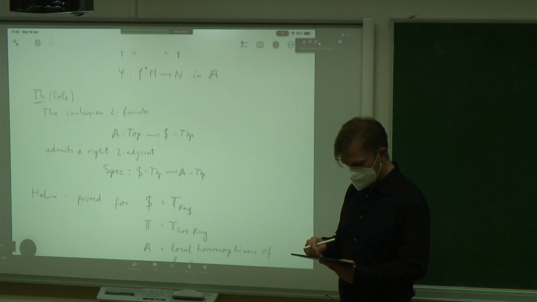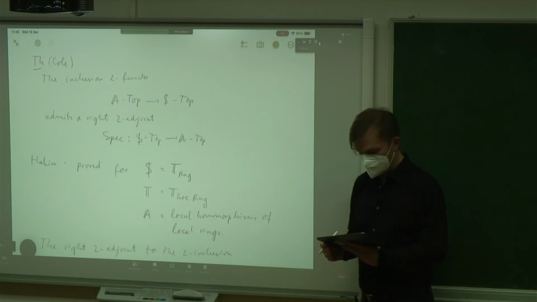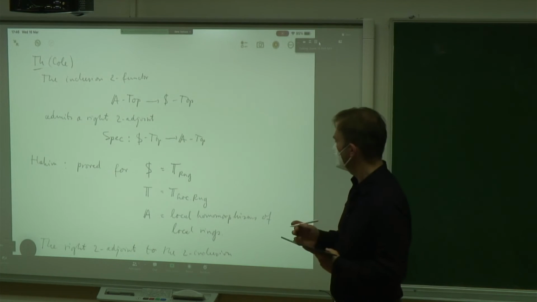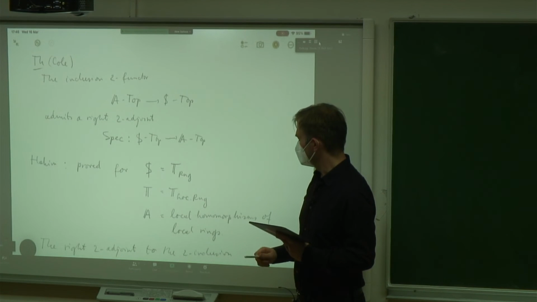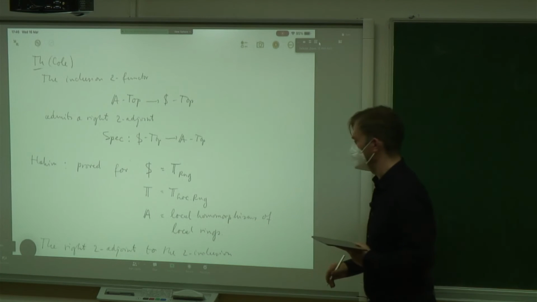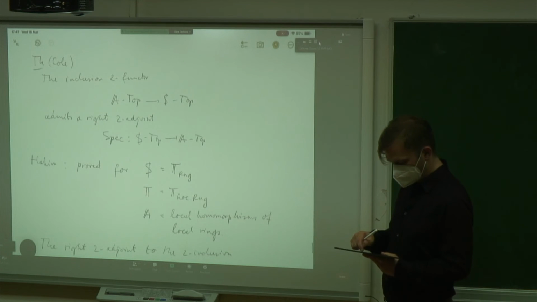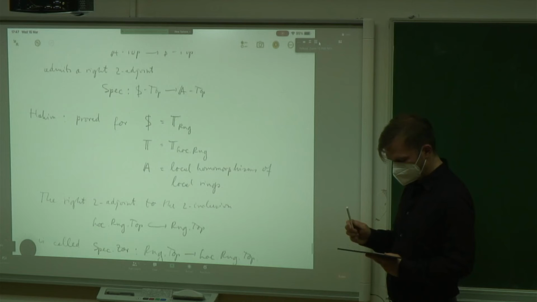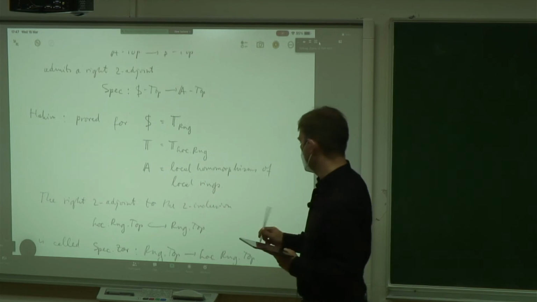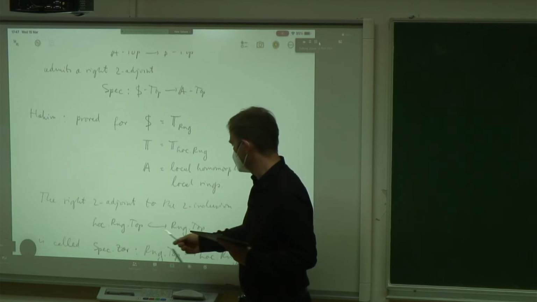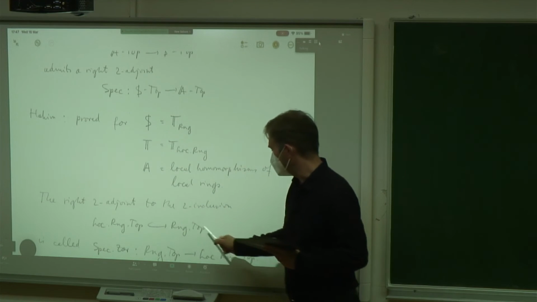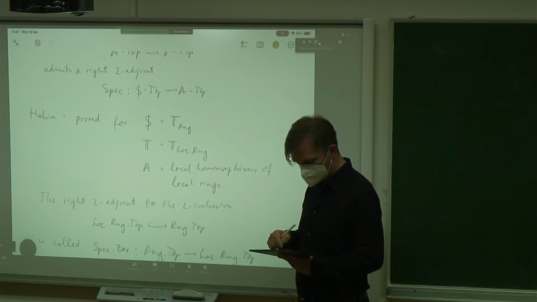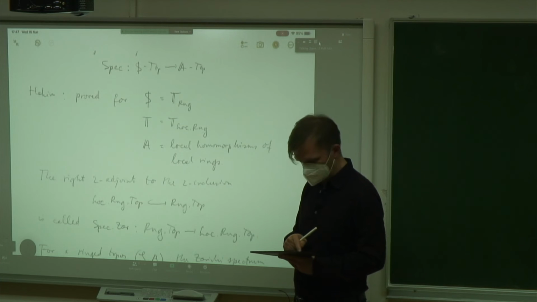And Hakim proved this version of this theorem for S, the theory of rings, T, the theory of local rings, and A, the class of local homomorphisms of local rings. And in that case, the right 2-adjoint to the inclusion between locally ringed toposes and ringed toposes is called the Zariski spectrum.